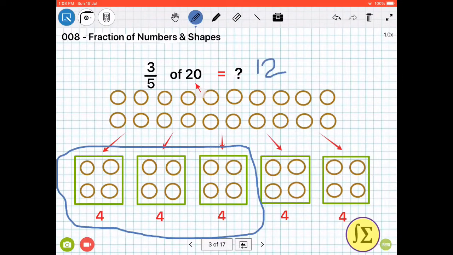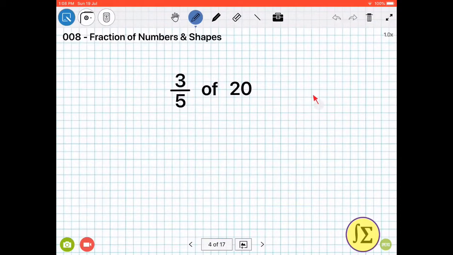Okay, let's take a closer look at this problem. 3 over 5 of 20. In the previous lessons, we learned that 3 over 5 means there are 3 one-fifths in it.